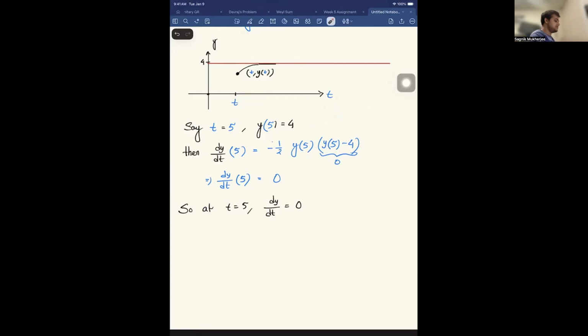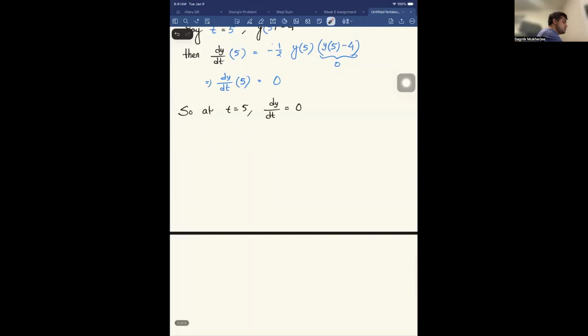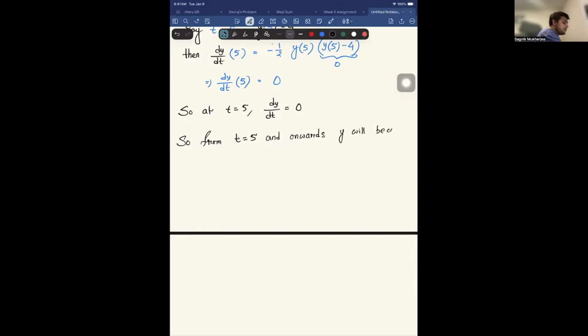So it means from t equals 5 onwards, y will become constantly 4.